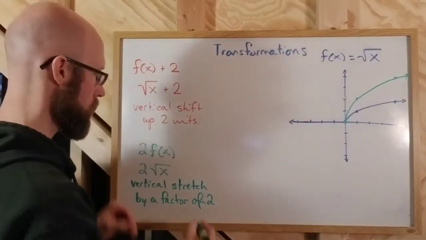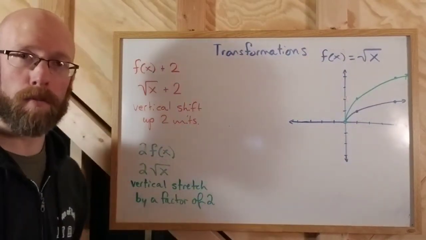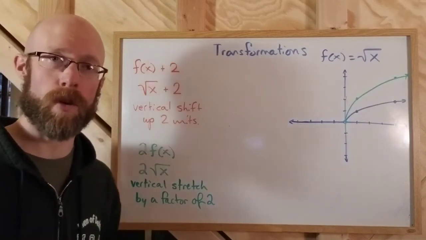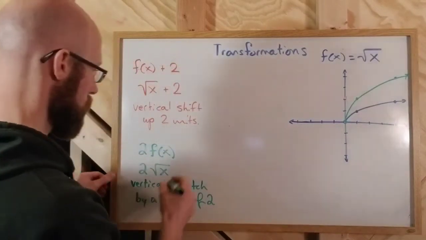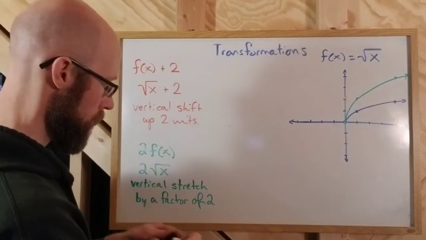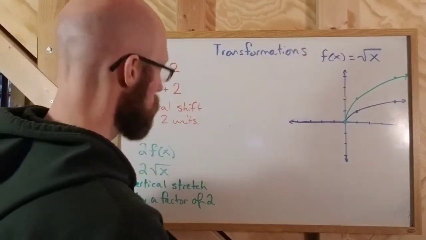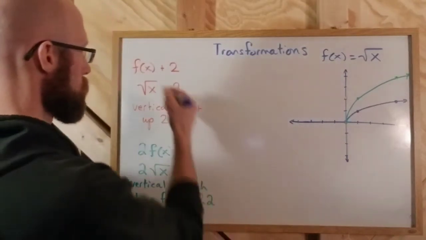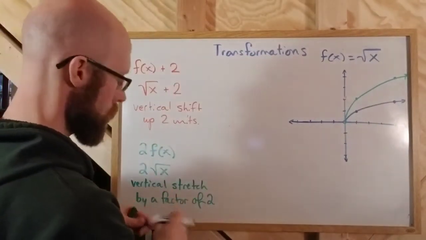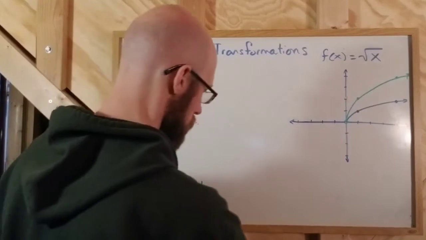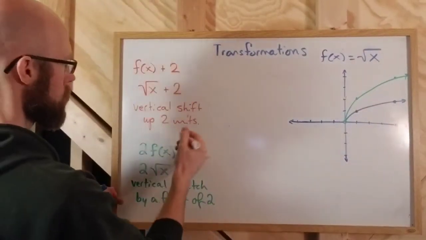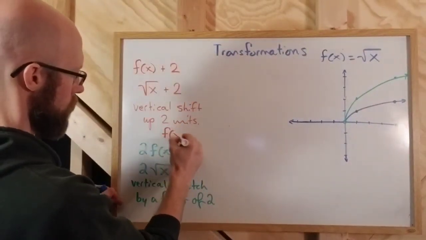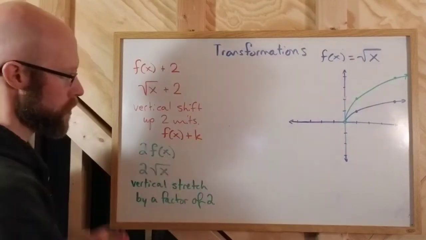In fact, any time that you multiply by a number greater than 1, it's going to stretch the graph out. Okay, so we have a sort of a general formula for this, or format. We would say that the vertical shift, maybe I'll throw this in red, the vertical shift would be like taking f of x and adding, we call it k.